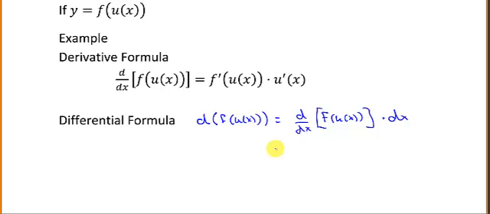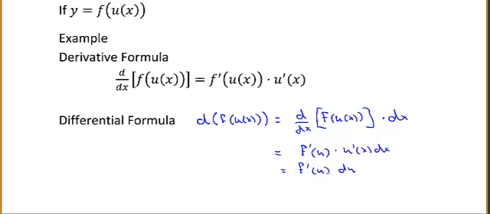And that would be f prime of u of x times u prime of x dx, which is going to be f prime of u du. And so the differential of f of u of x is f prime of u du.